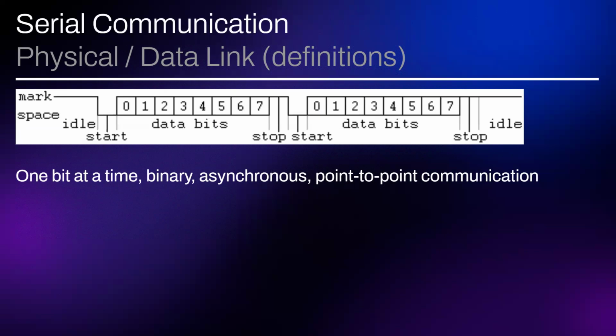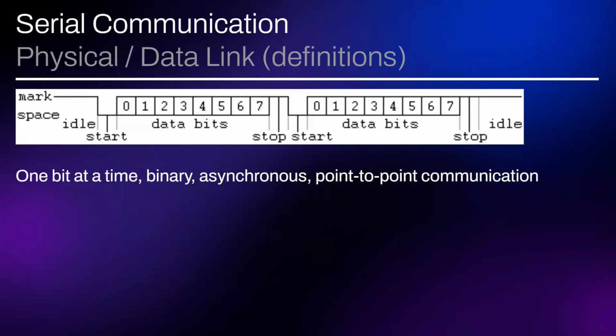They each run their own clock. They know what speed this data is supposed to be coming across, what that frequency of 1s and 0s is, but they haven't synchronized their clock. There's no contract there or anything. So that's what asynchronous means, and it's point-to-point communication.